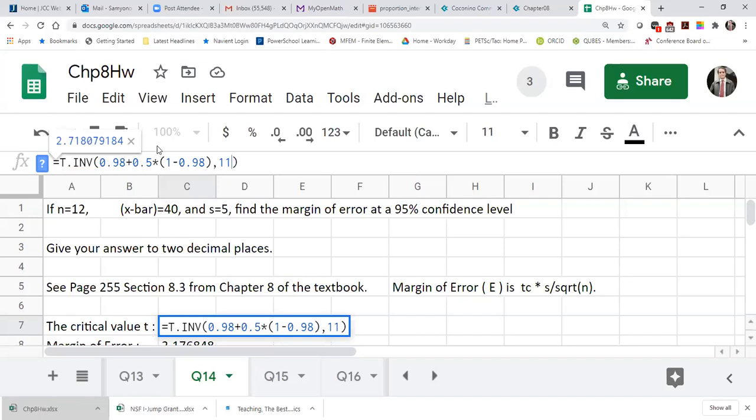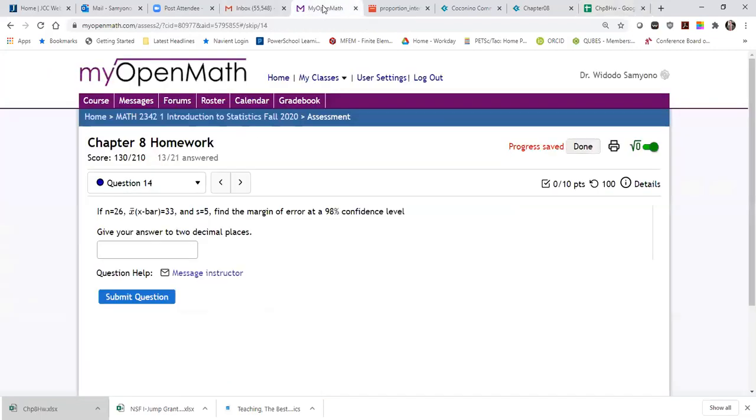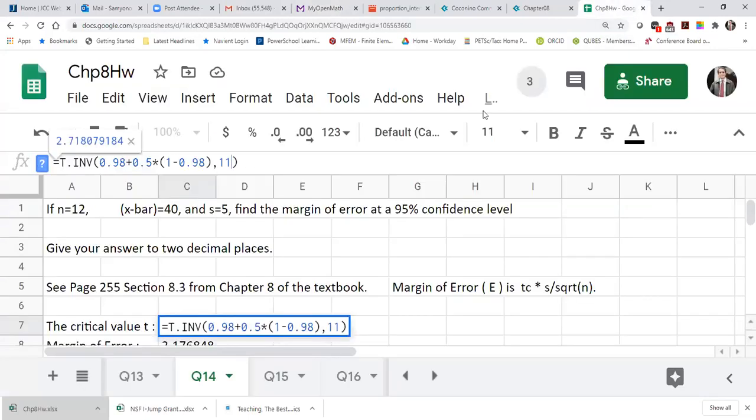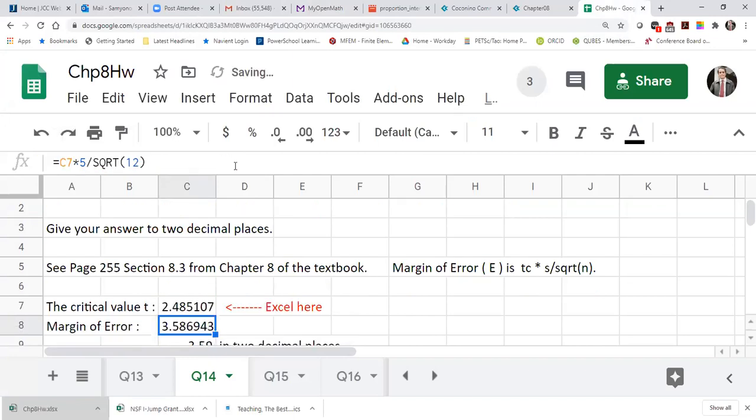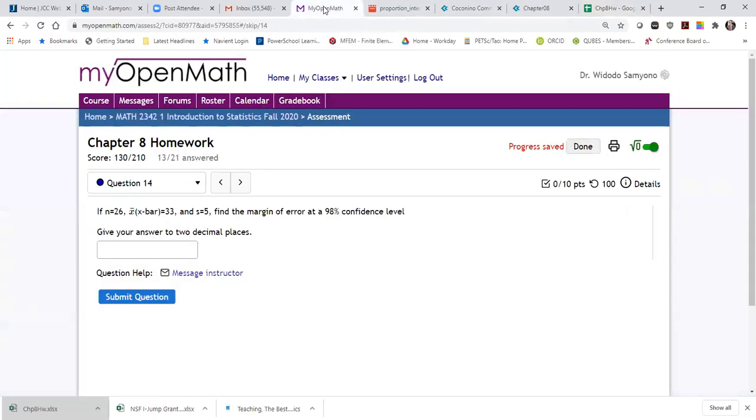Now for your problem here, the sample size is 26, so the degree of freedom will be 25. You need to change this to 25. Enter, and this will be the margin of error. So you need to change this one, the standard deviation. The standard deviation in your case is 5, the same.